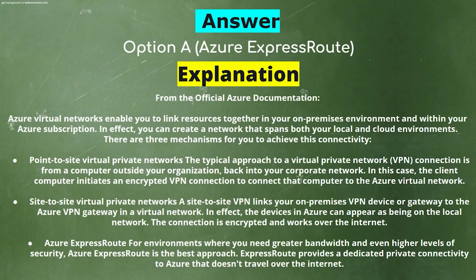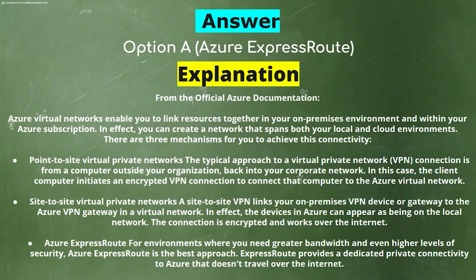Point-to-site virtual private networks. The typical approach to a virtual private network connections is from a computer outside your organization back into your corporate network. In this case, the client computer initiates an encrypted VPN connection to connect that computer to the Azure virtual network.